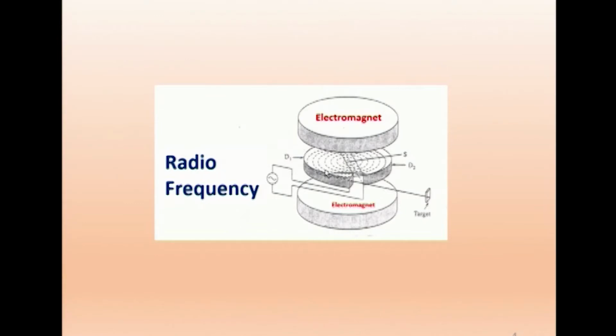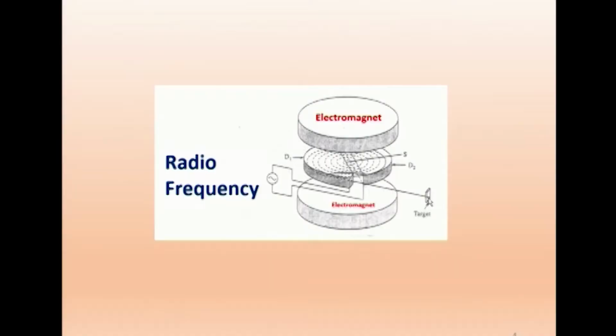The particle will be at the center and make a spiral path, and finally it comes out and hits the target. The radius goes on increasing, and when it reaches the periphery, the end of the disc D, it comes out and is used to bombard the target. So this is basically the principle.